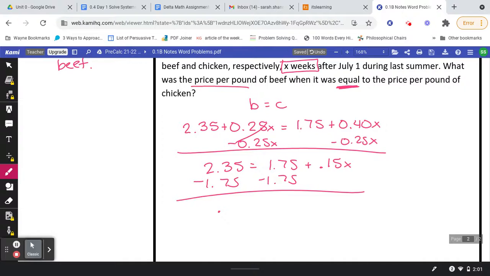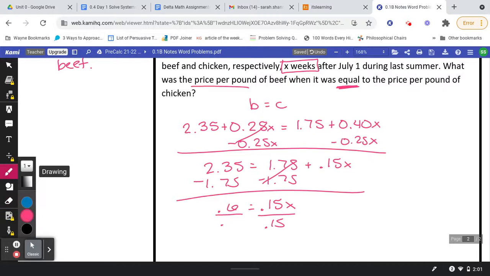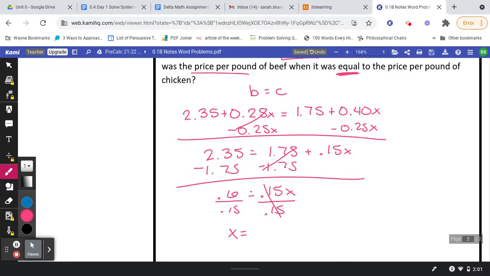Type that into my calculator real quick. 0.6, 0.15, and divide it out. And divide that in a calculator to get x equals 4, and that's the number of weeks.